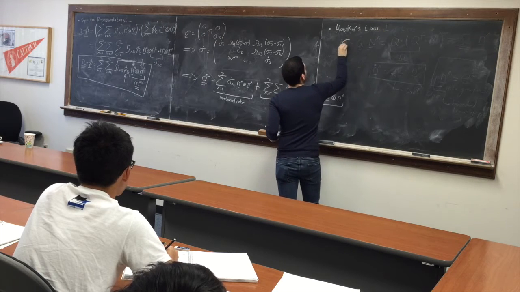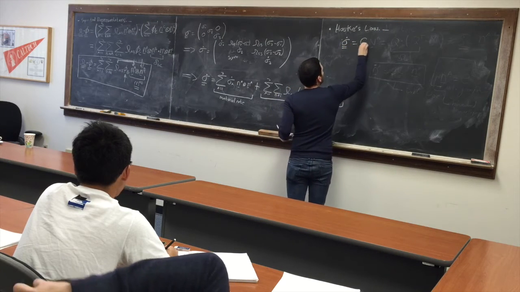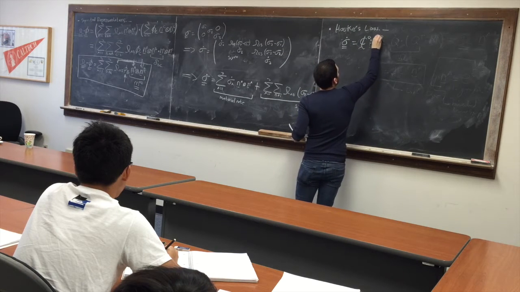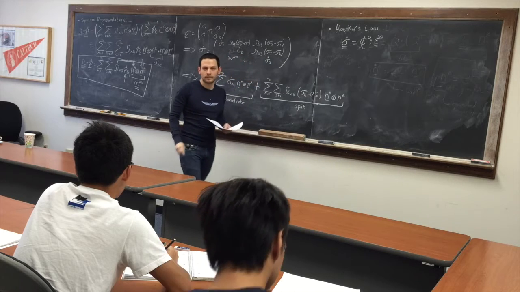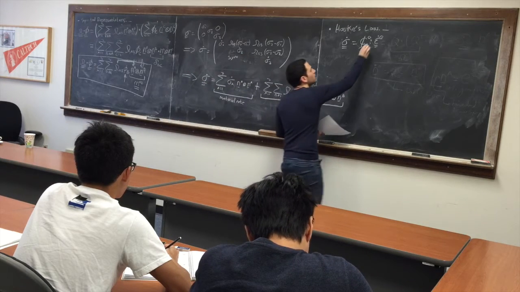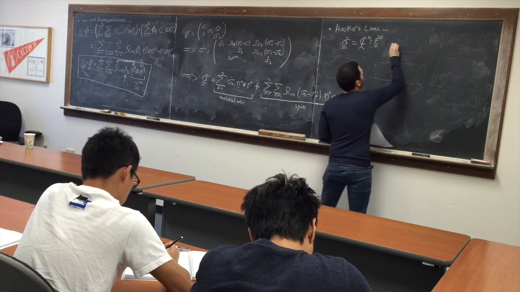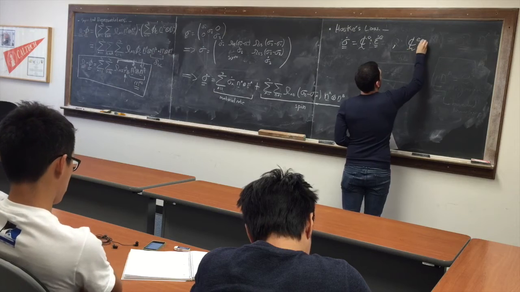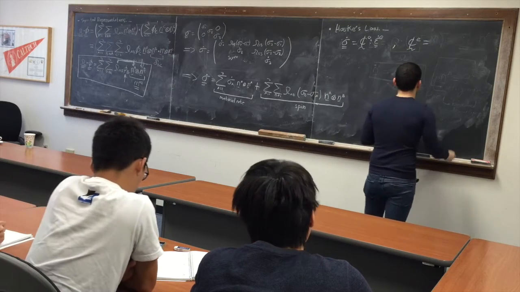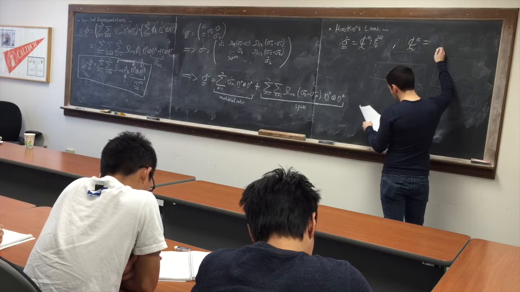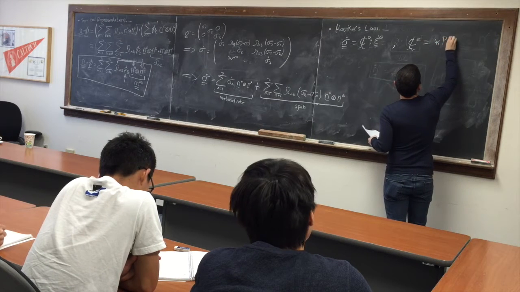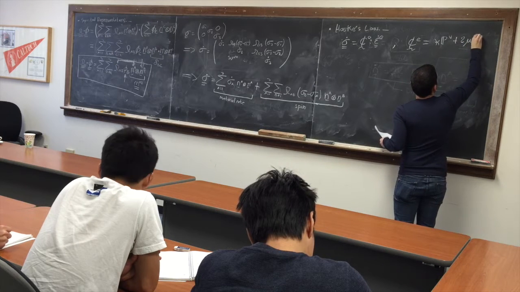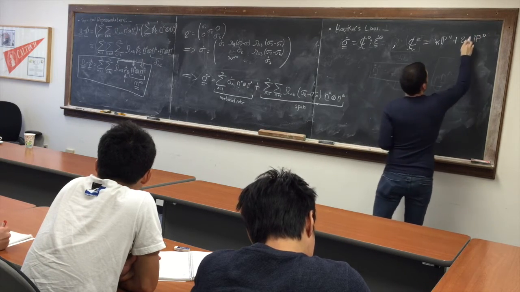So remember that Hooke's law can be written in this way in general, where this CE four-order tensor is kappa times PV plus 2 mu times PD.